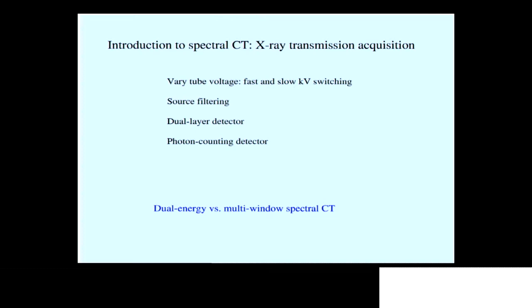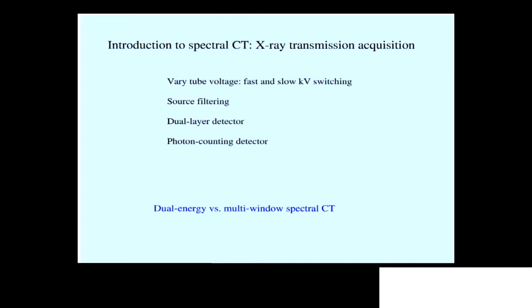of the object. And on the measurement side, what we need to do is have measurements with different spectral sensitivities. So there's multiple ways to do this. Probably the most common way is just to vary the voltage on the X-ray source.